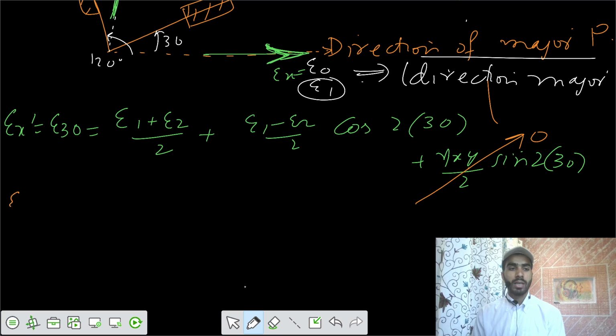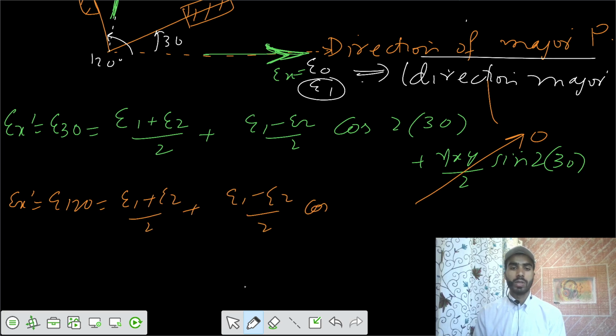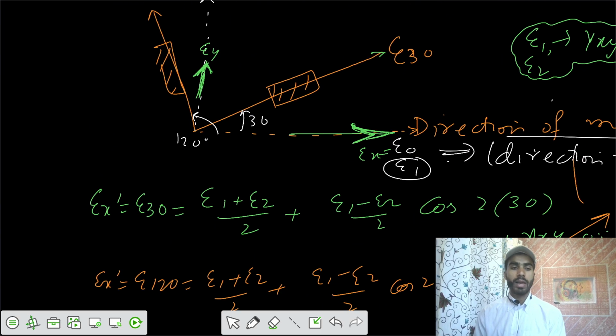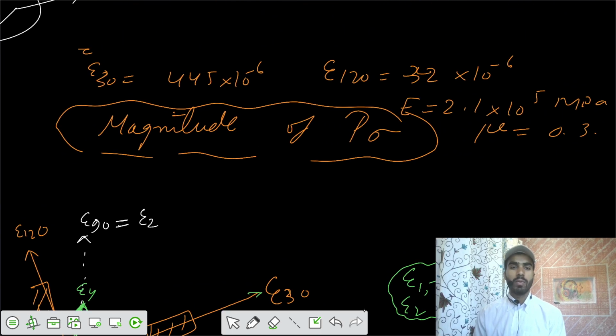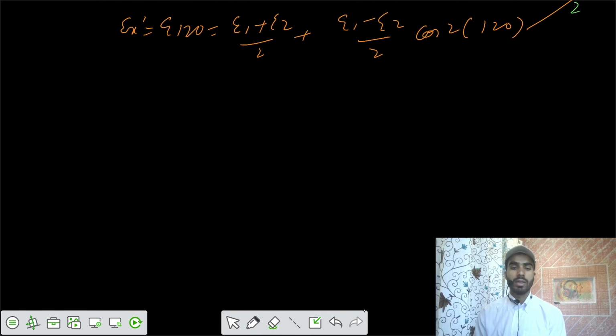Similarly, in the same fashion, you can say ex dash equals E120 equals E1 plus E2 by 2 plus E1 minus E2 by 2 cos 2 theta. Now you got 2 equations and 2 unknowns, and you substitute the values of E30 and E120, and you calculate the values of E1 and E2.